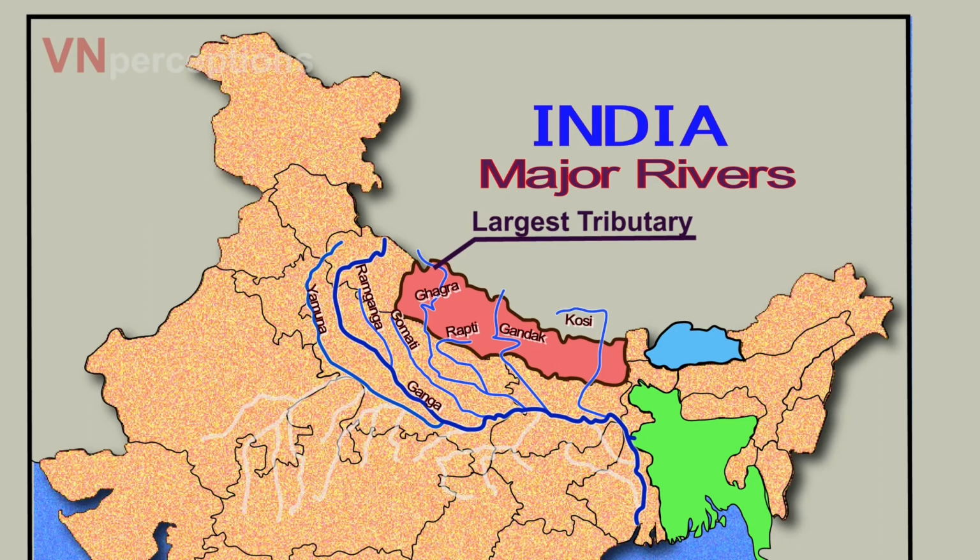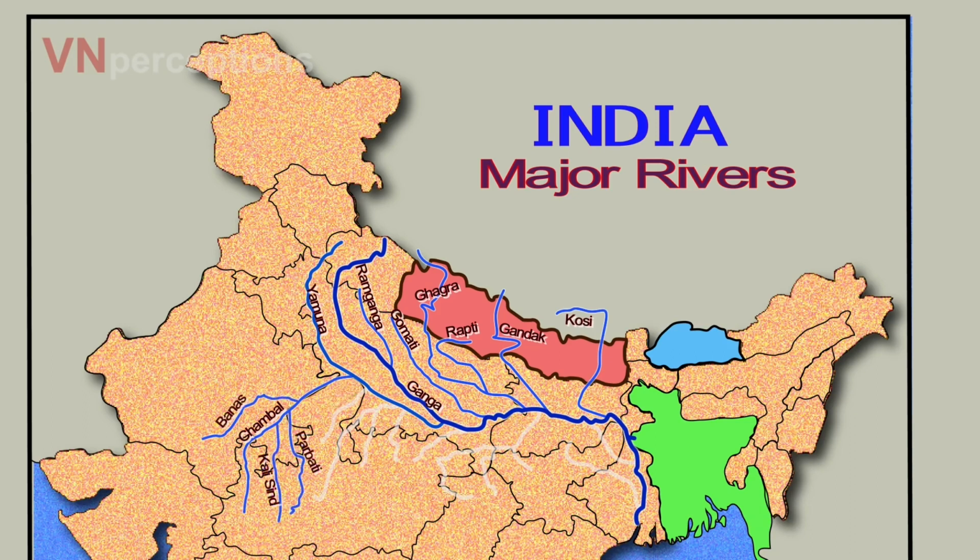The rivers joining Yamuna from the south are Chambal. Now, the tributaries of Chambal are Banas, Parbati and Kali Sindh. The other tributaries of Yamuna are River Sindh and Betwa. The tributary of Betwa is Dhassan.